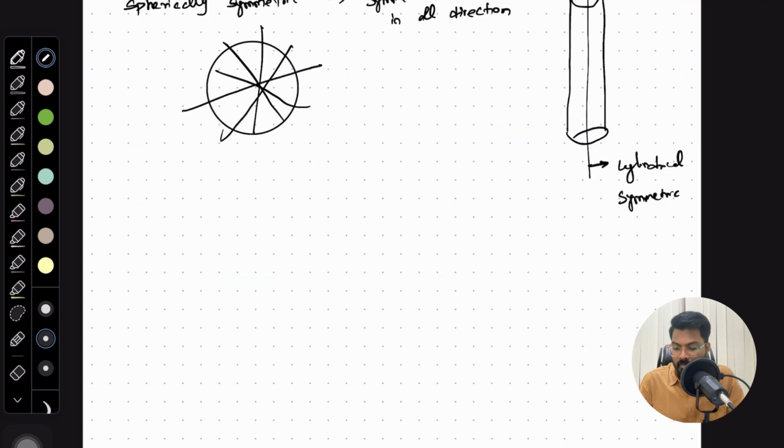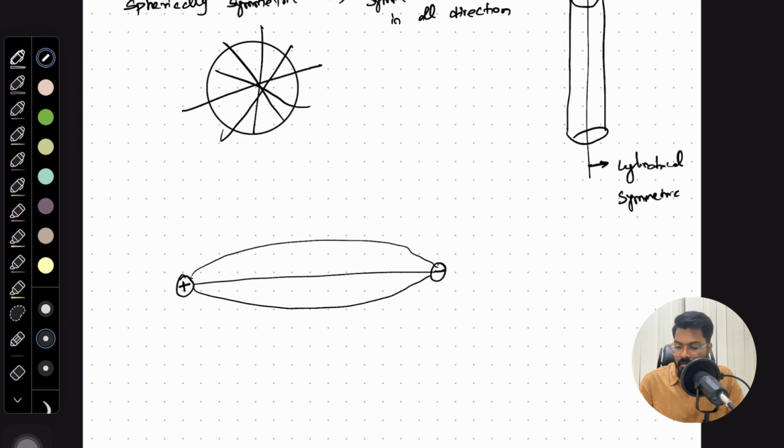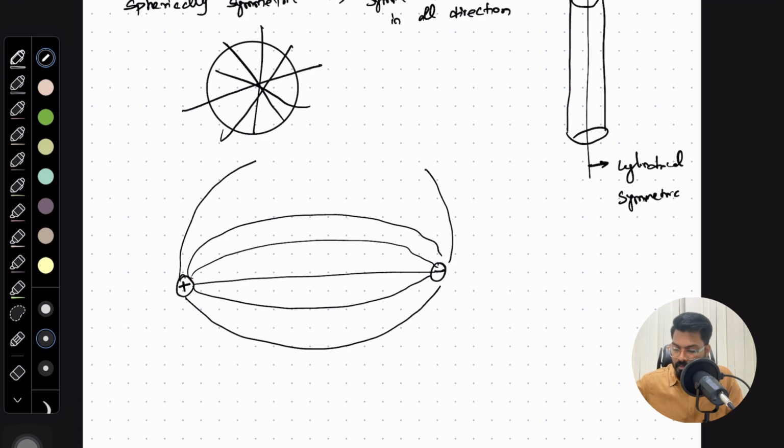There is a positive charge here and then there is a negative charge here. How would the electric lines of force look? It is going to look like this. So the lines are going to bend like this.